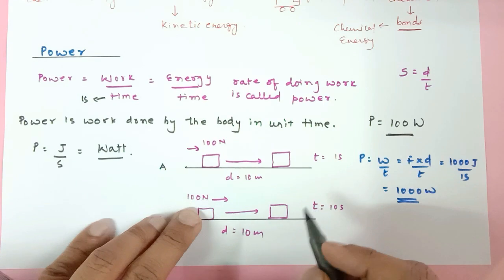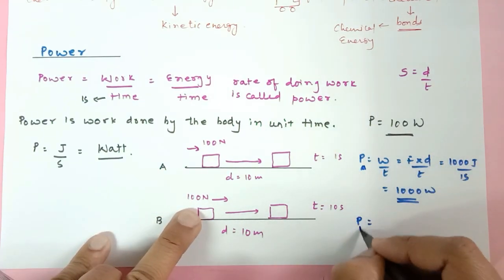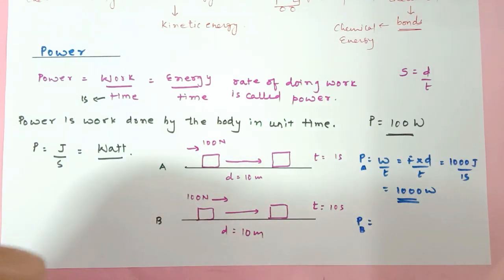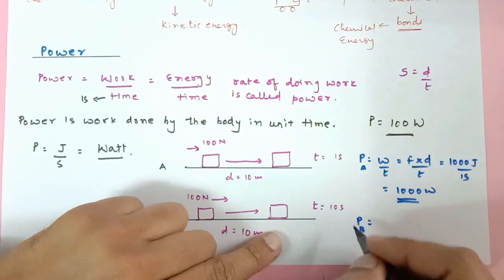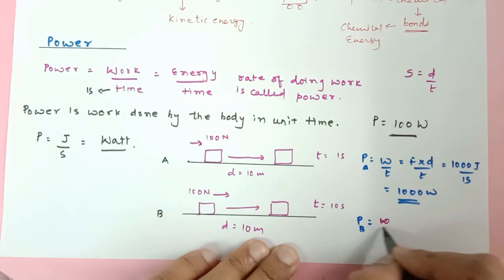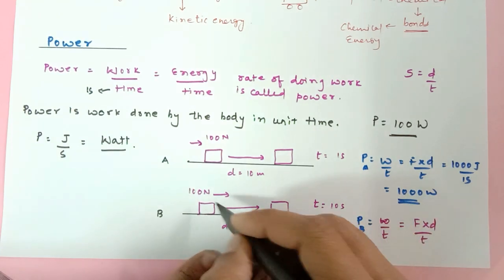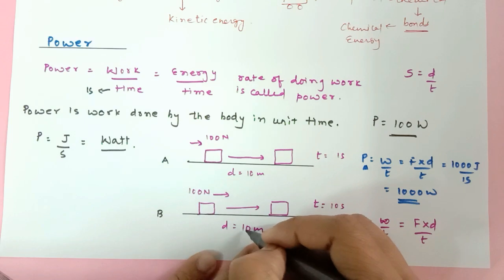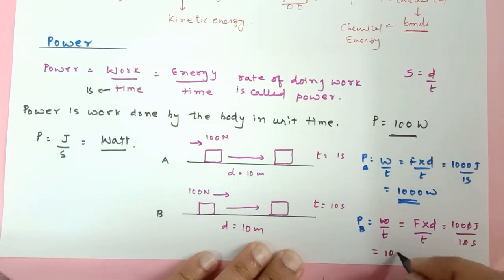Now power in B is equal to work done, again work upon time, that is F into D by T. F is again 100 Newton into 10 meter. So 100 into 10, that is 1000 joule upon 10 seconds. My answer is 100 watt.